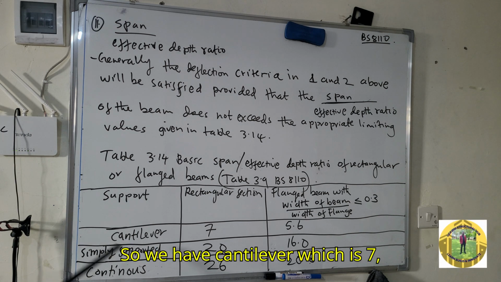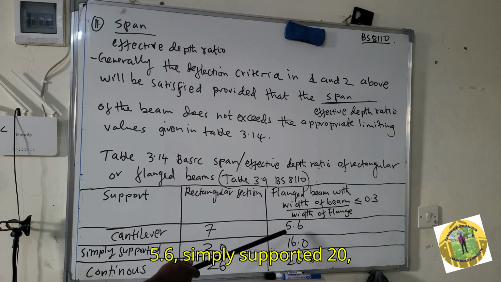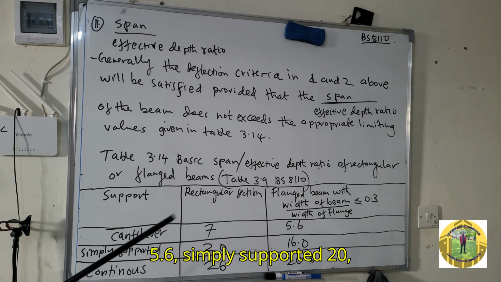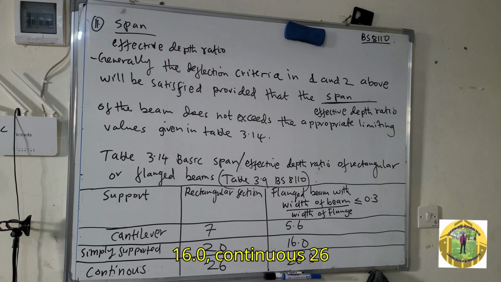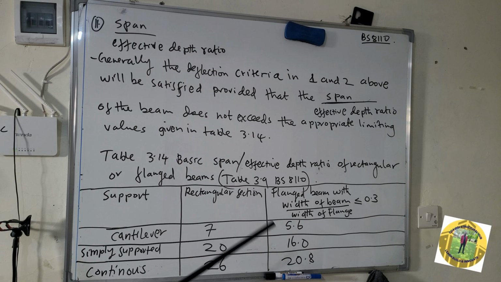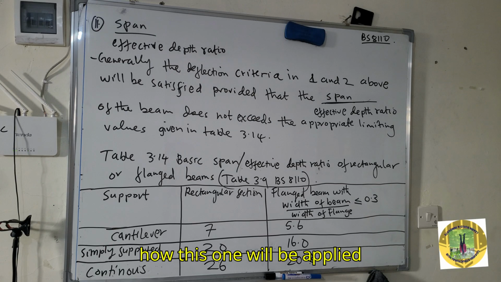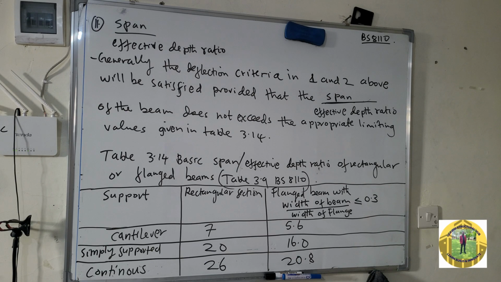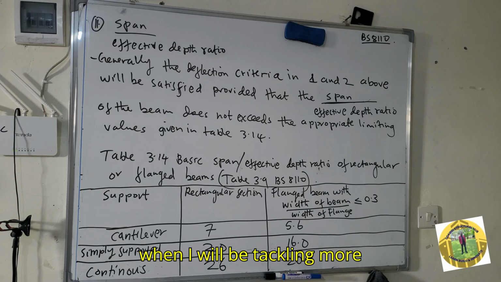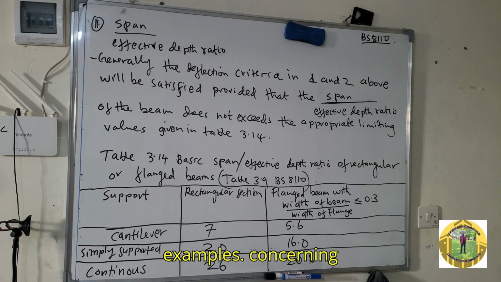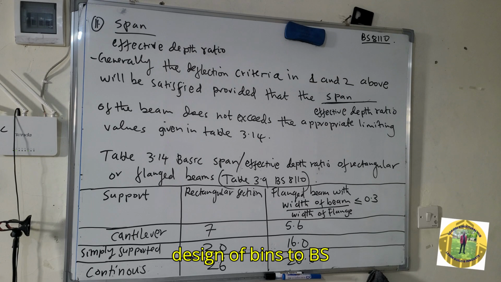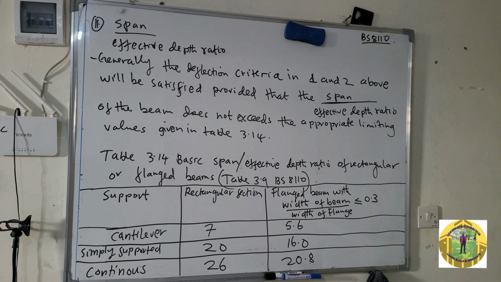You have cantilever, which is 7 and 5.6, simply supported 20 and 16.0, continuous 26 and 20.8. You will see later how this will be applied when I tackle more examples concerning design of beams to BS 8110.